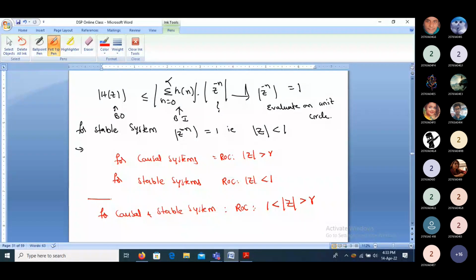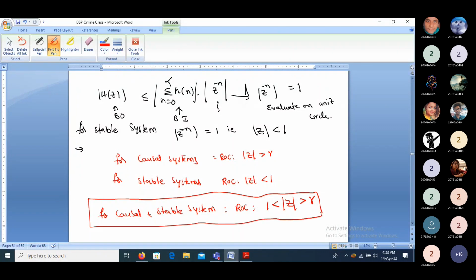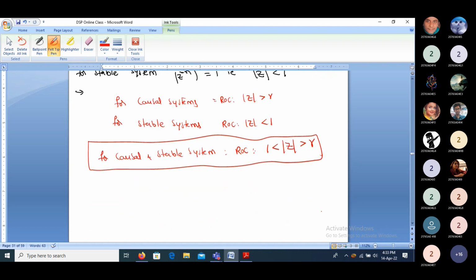So if any system is said to be causal and stable, its ROC must include the unit circle. The ROC is the region outside the circle with radius R, where that R is equal to 1. Okay, this is about the causal and stable system.